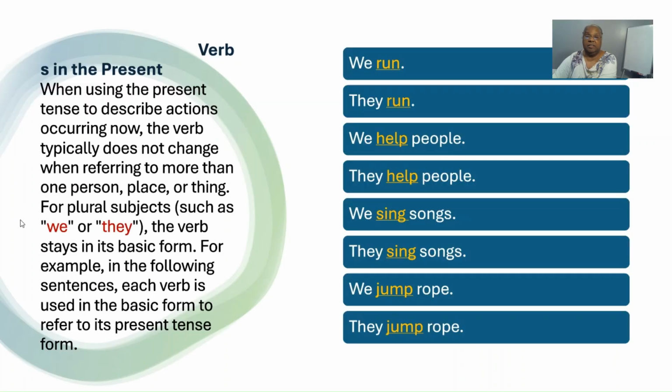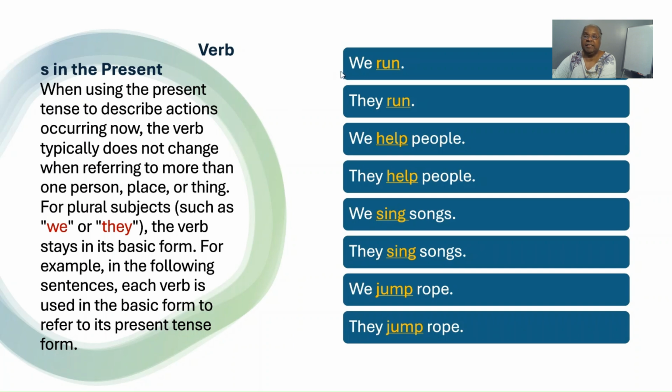When using the present tense to describe actions occurring now, the verb typically does not change when referring to more than one person, place, or thing. For plural subjects such as we or they, the verb stays in its basic form. For example, in the following sentences, each verb is used in the basic form to refer to its present tense form.